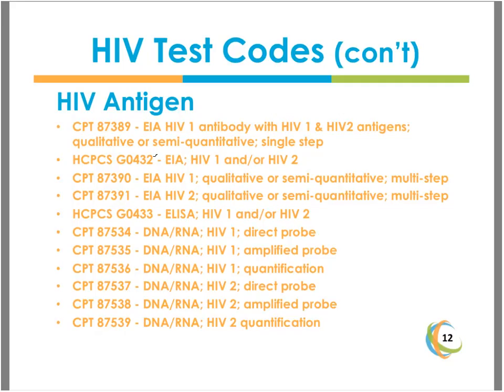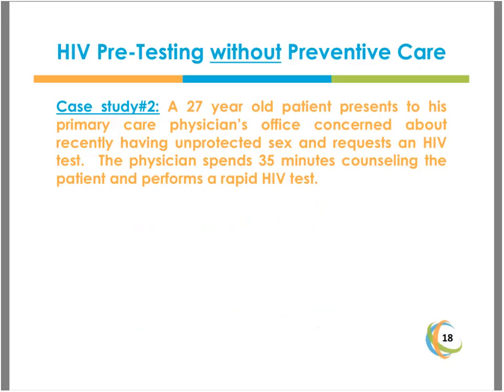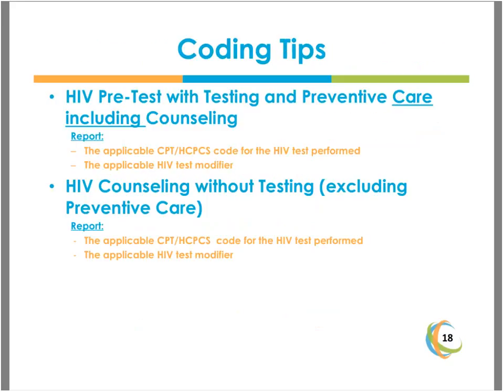So if your local Medicaid state agency gives you guidance to utilize CPT codes, then you would select the appropriate CPT code for the service in question. Or if your local agency says to utilize HCPCS codes, then you would utilize HCPCS G0432 or G0433 for your HIV antigen screening tests. So let's go back.